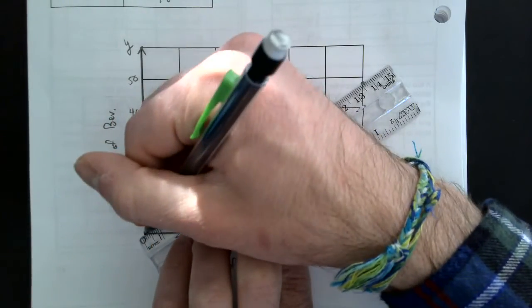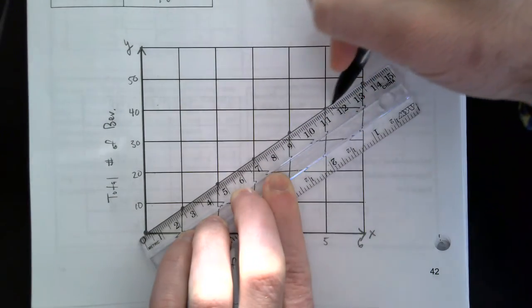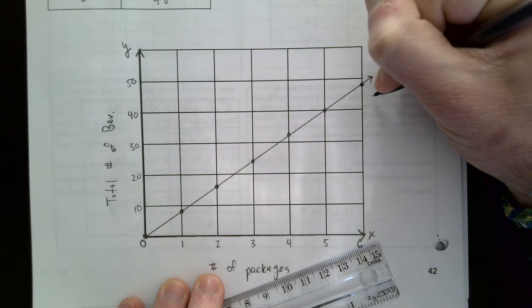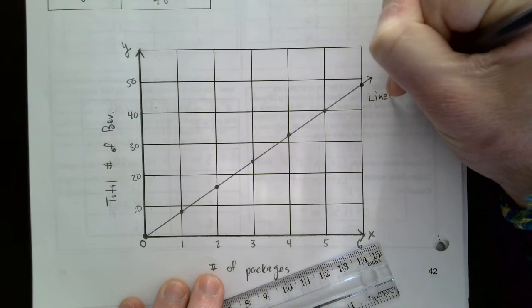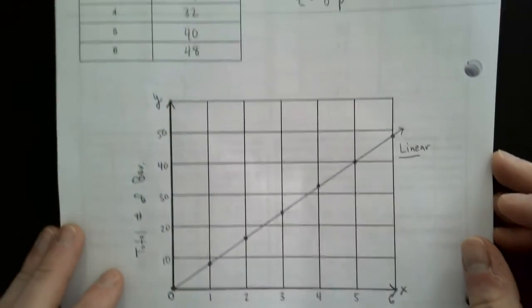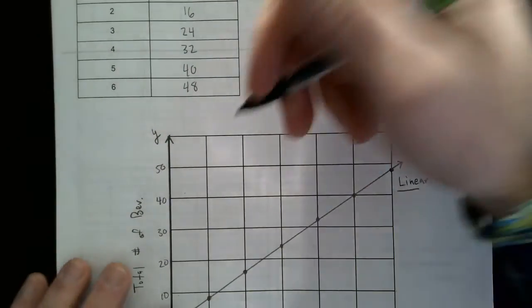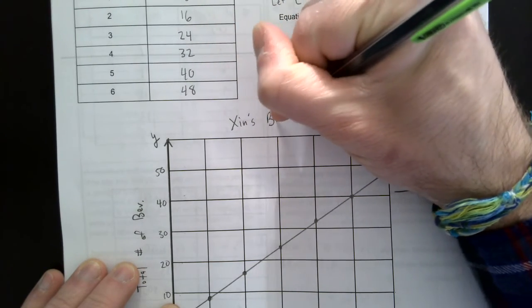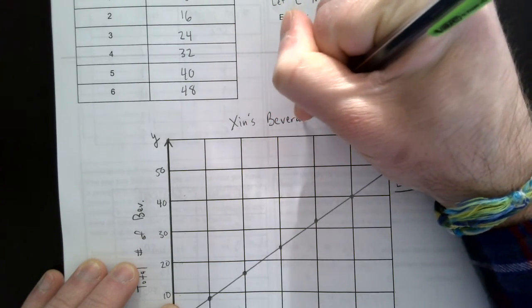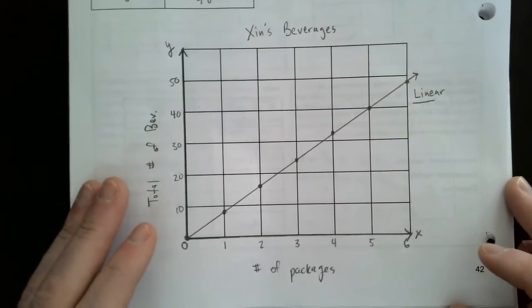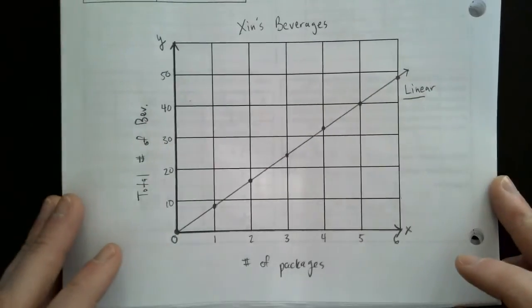So now we're going to draw a diagonal line through those points. And of course, this is linear because it makes a line. The last thing we have to do is just give a little title. I'm just going to call it Zinn's Beverages. And there's our graph. A beautiful graph, if I must say. Very nice.